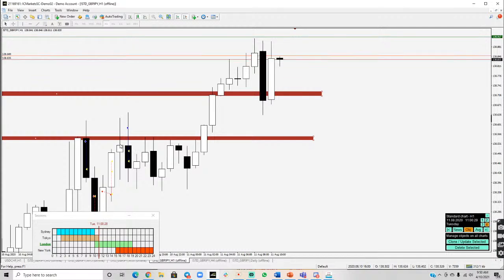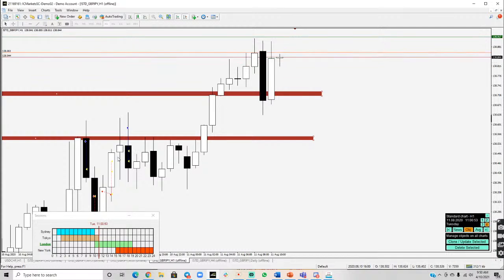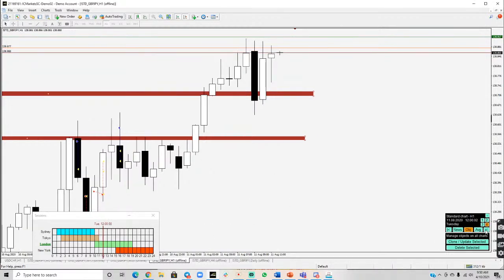I see the bias was right, but the market was just in a range. But the bias was right for the market to push towards the upside.